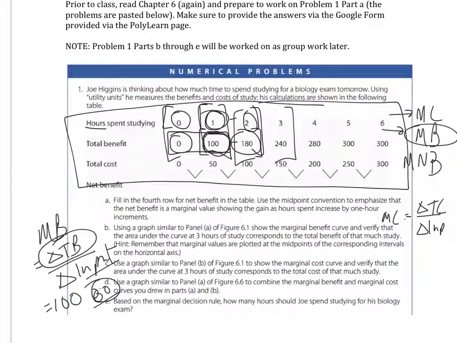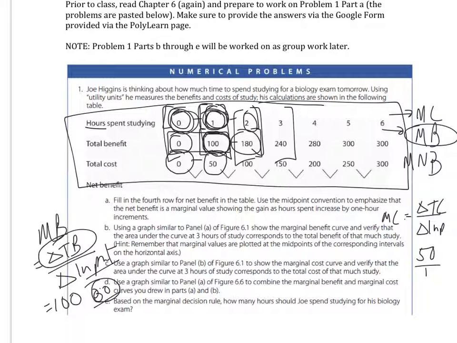So if we're looking at the marginal cost of going from 0 hours to 1 hour, we subtract: the total cost at 1 hour is 50, and the total cost at 0 hours studying is 0. So 50 minus 0 is 50, divided by the change in hours, 1 minus 0, which is 1. So the marginal cost is 50.